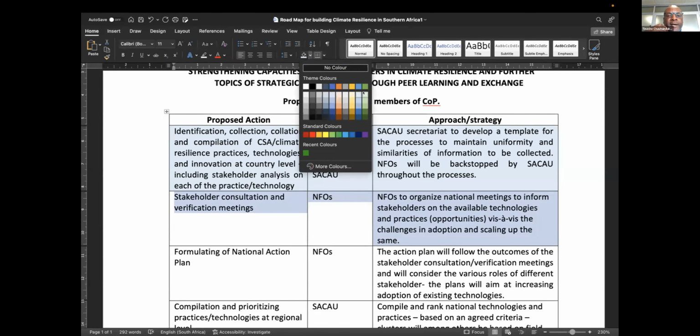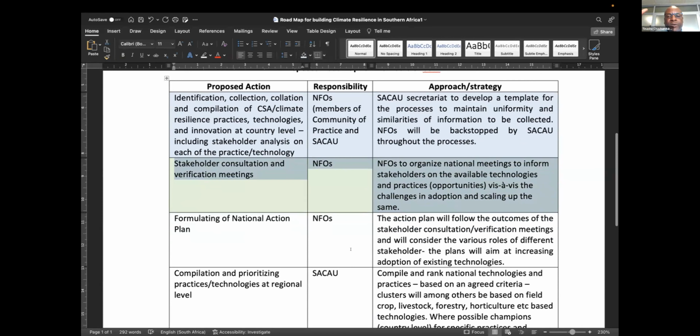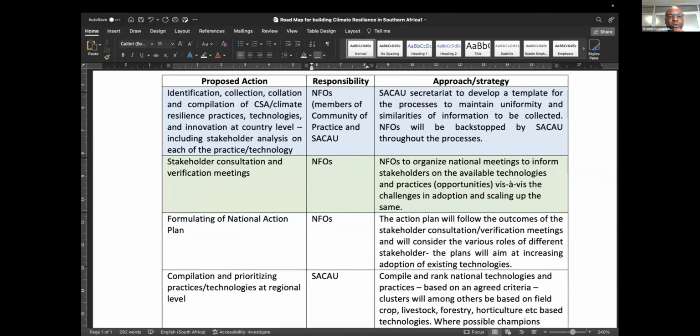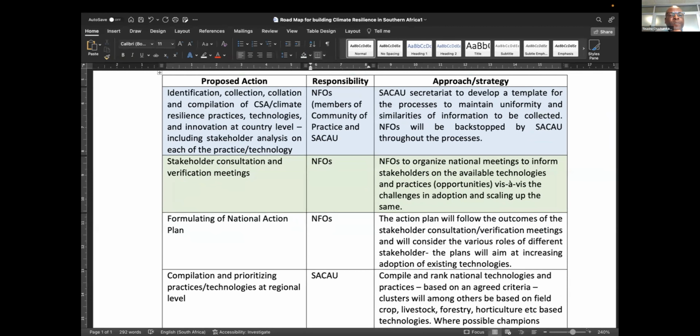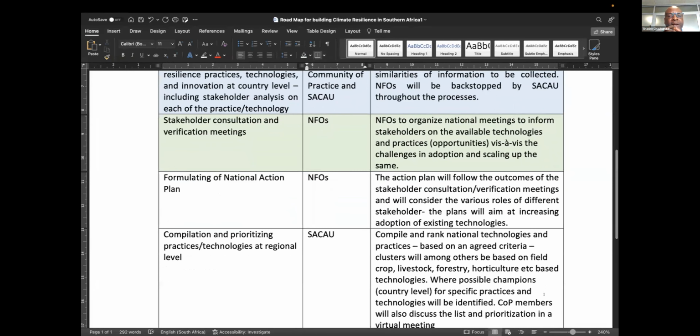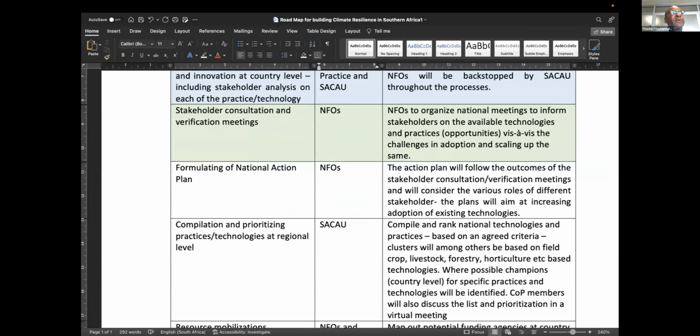The idea now is that once you get all this information, what do you do with it? You now need to form what we call a national action plan. This national action plan is saying, this is what we found out with the research that we did.